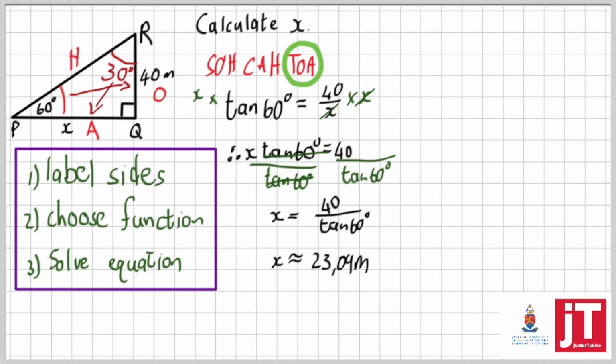Let me just say that again. The side opposite the 30 must be smaller than the side opposite the 60. PS, where did I get the 30 from? Well, that's just interior angles of a triangle. Bringing it back to trigonometry, that x has to be smaller than 40.